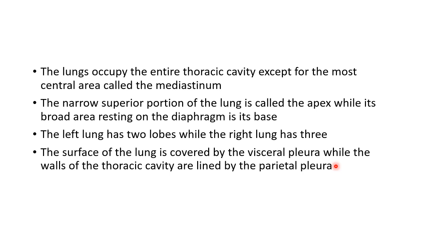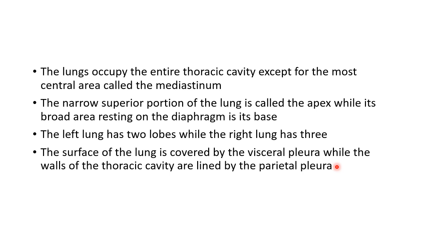The surface of the lung is covered by the visceral pleura, while the walls of the thoracic cavity are lined by the parietal pleura. And again, the pleural system is analogous to the pericardium, where you have a visceral pericardium and a parietal pericardium.